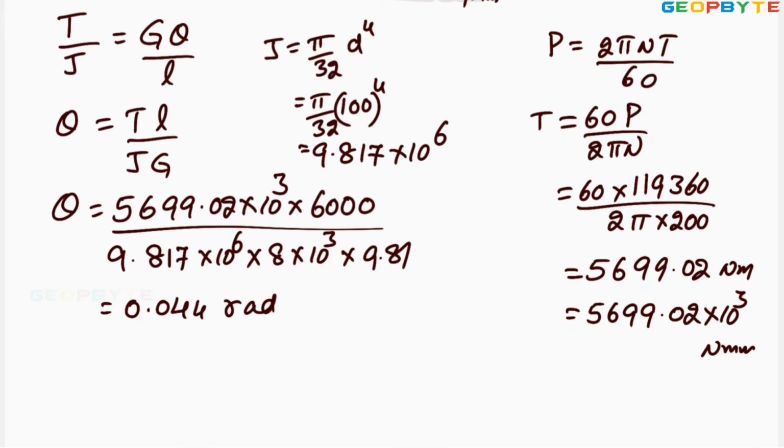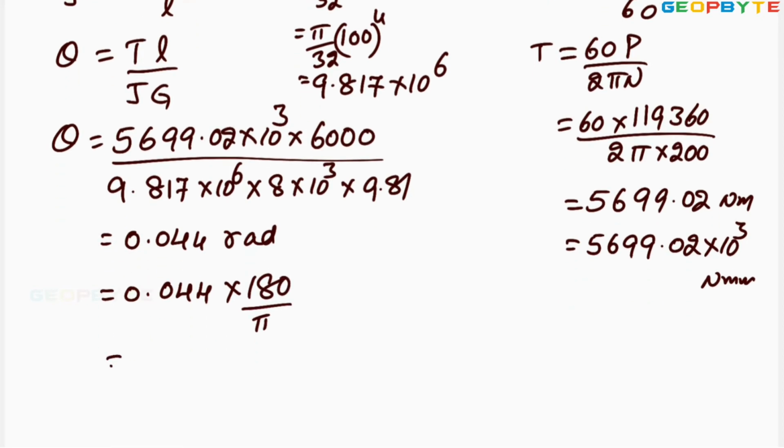But the options are given in degrees. To convert from radians to degrees, multiply with 180 by pi, 0.044 into 180 by pi. You simplify this value for getting approximately 2.5 degrees. That is the answer.